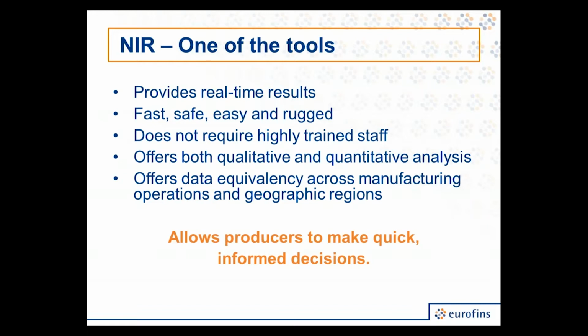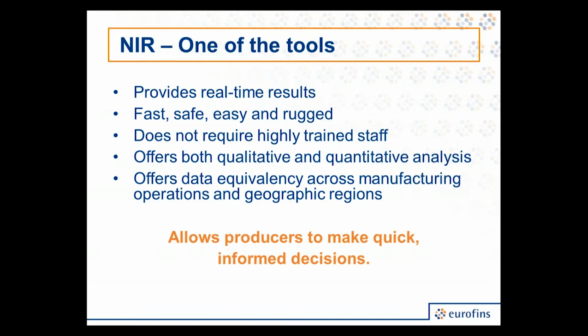Thank you. You're welcome. If you're not already taking advantage of near-infrared technology, I definitely encourage you to consider it for a real-time solution. Near-infrared, or NIR, can be used as one of the tools to overcome the challenges in pet food production. It's commonly used to help screen materials for quality assurance purposes and is available to any pet food manufacturer.